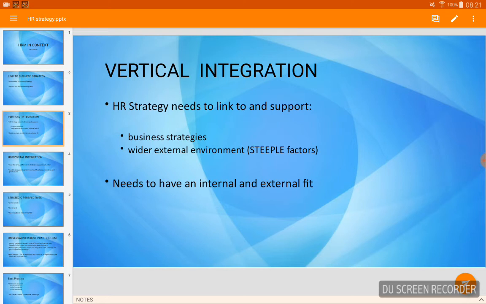There are some other analyses and analytical tools that we can look at, such as Porter's 5 Forces, but we've not actually looked at those yet, but they will fit in here. The important thing to bear in mind when you're thinking about strategy is that it needs to link with what's happening inside the business, but it also needs to be responsive to what's happening outside of the business. So that's where the internal and external fit come in.